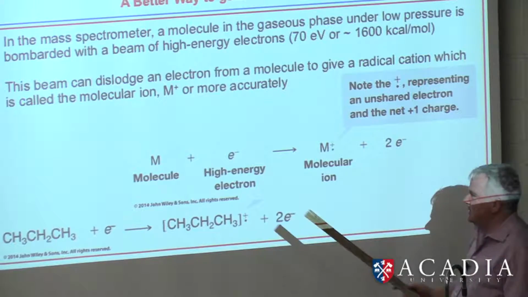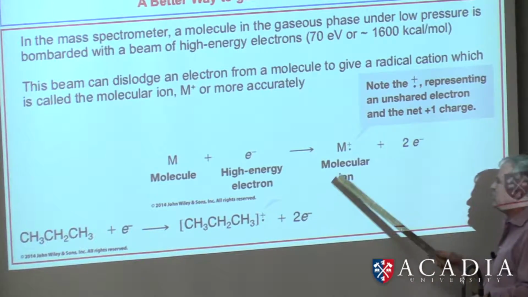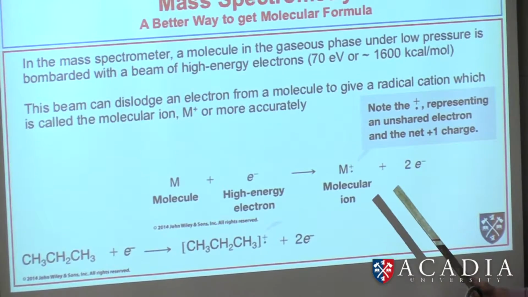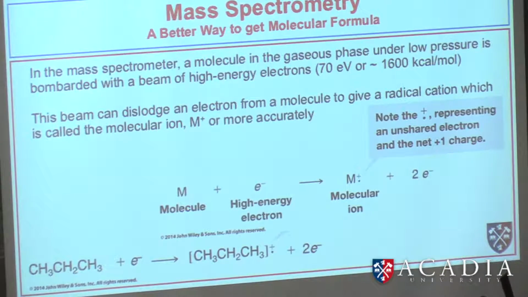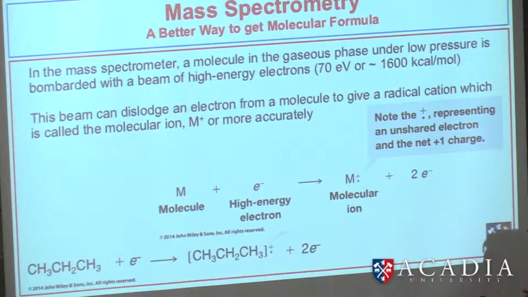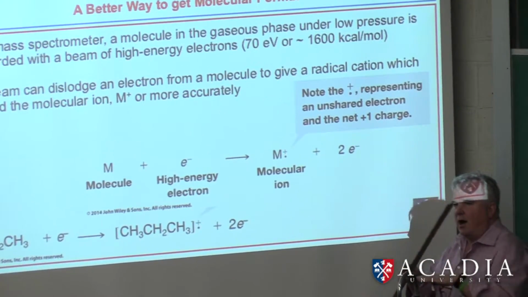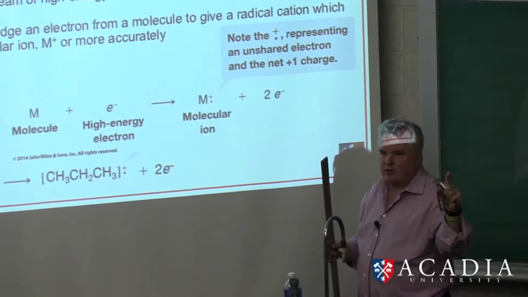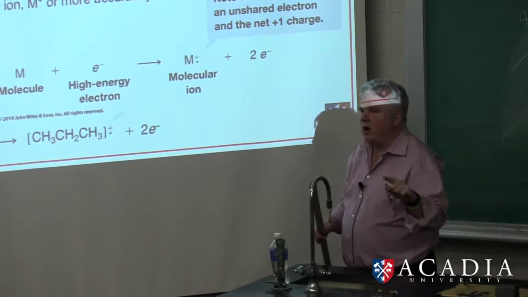What happens, our molecule gets hit by a high-energy electron, and it just knocks an electron out, and our molecule now is missing an electron. At the instant that happens, nothing else happens. One of the things you want to think about with mass spectrometry is remember that molecules are better described by molecular orbital theory, so you can knock an electron out, and it doesn't necessarily have to be localized in any one bond.